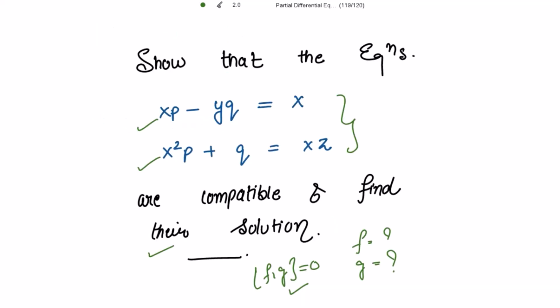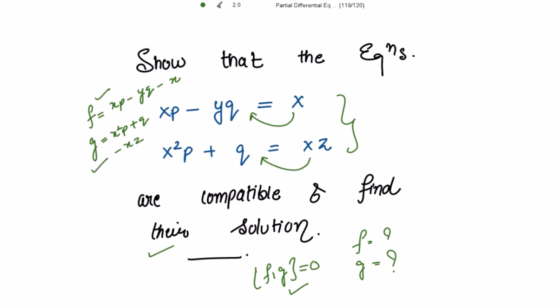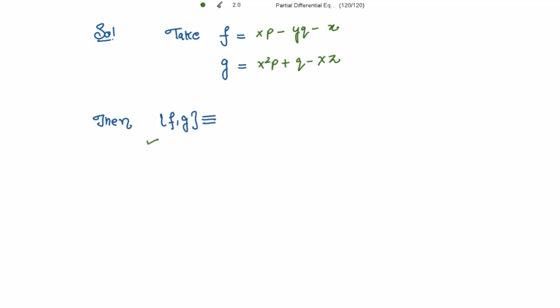So let's consider f to be equal to xp minus yq minus x, and taking g likewise as x square p plus q minus xz. Considering these two functions, we need to check this bracket.